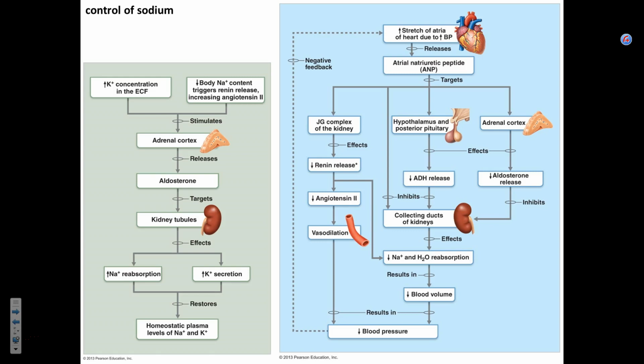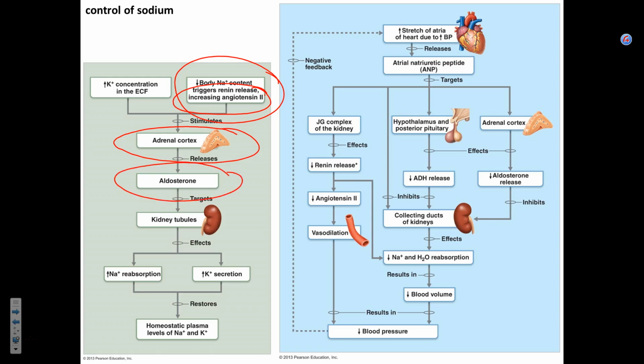Imagine that you have low blood pressure, which corresponds to the lower sodium concentration in the blood. So basically water starts to leave the blood, lower sodium content. Basically decreased sodium will increase the release of renin, okay? And that will stimulate the adrenal cortex and stimulate aldosterone.